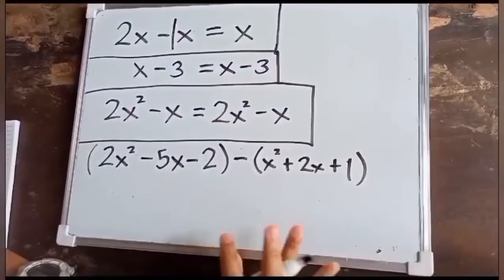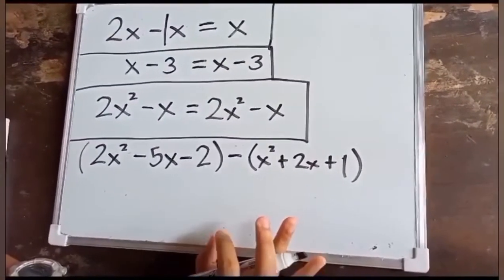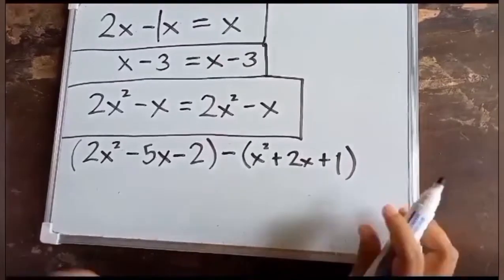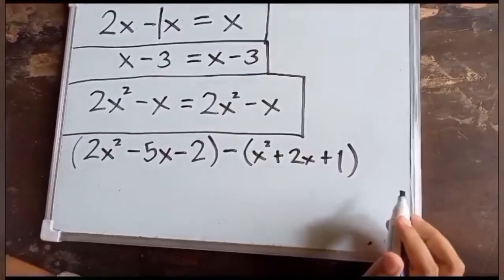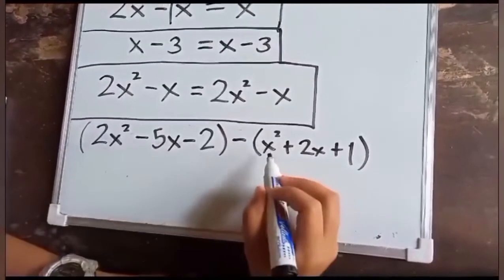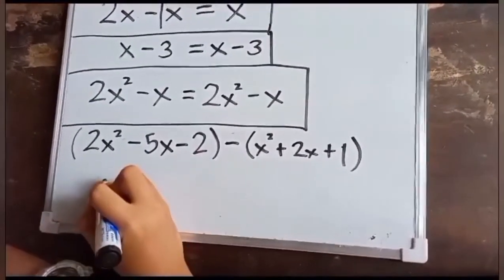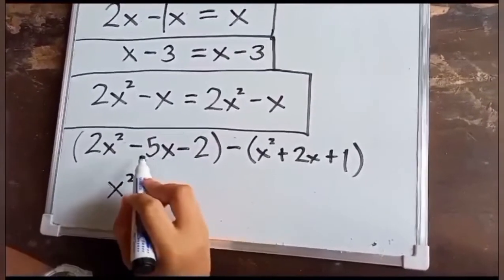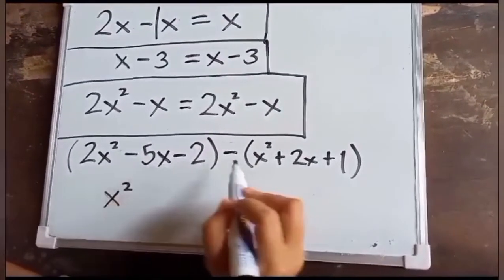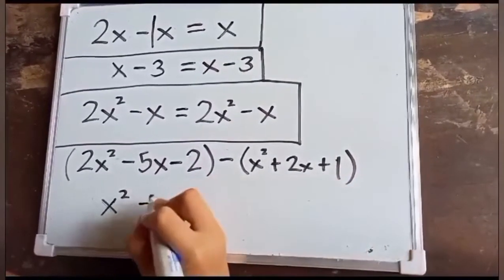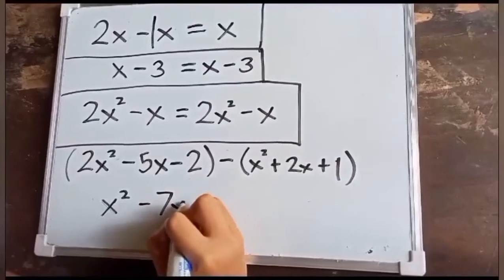Another example, we have here 2x squared minus 5x minus 2 minus x squared plus 2x plus 1. As you see, we have like terms, 2x squared and x squared. We just have to subtract them. We'll have x squared. Now negative 5x minus 2x will have negative 7x.